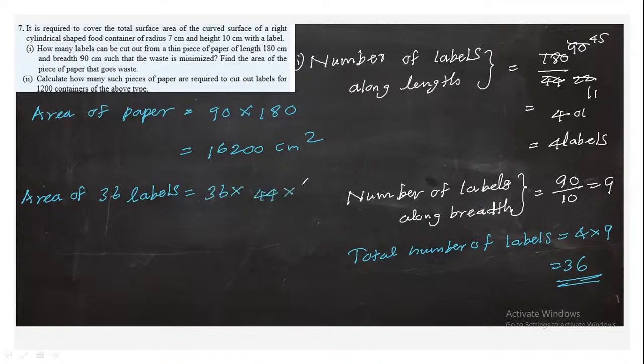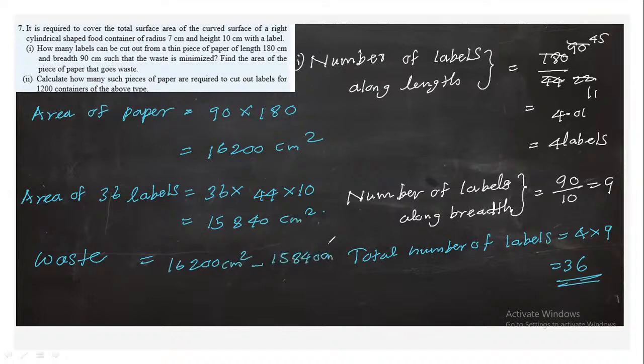Breadth is 10, length is 44, then times 36, that is 15,840. Then waste: 16,200 square centimeter minus 15,840.